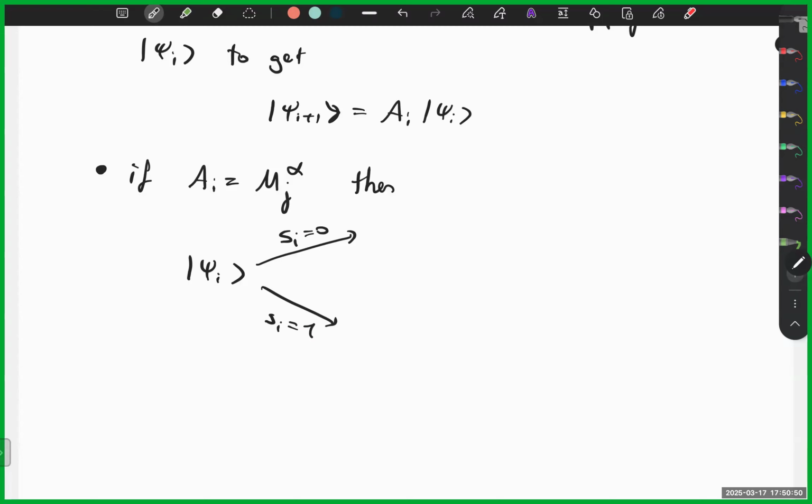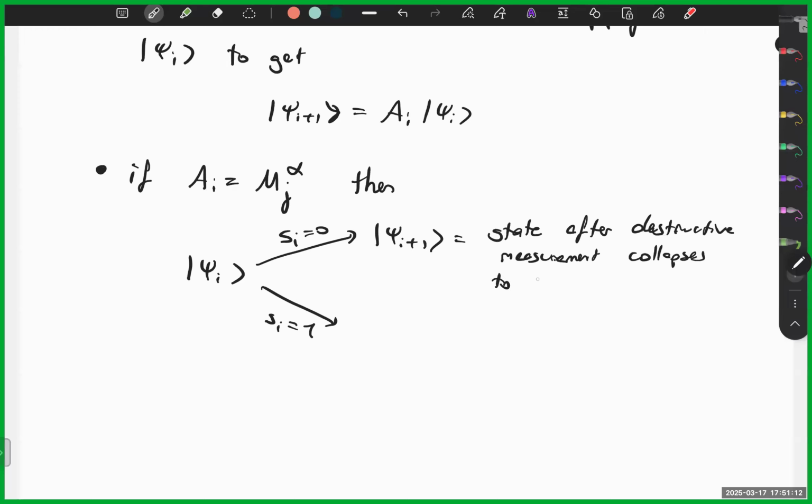But those are just the states after we collapse those. So we define them as the state after destructive measurement, which collapses the j qubit and traces it out.